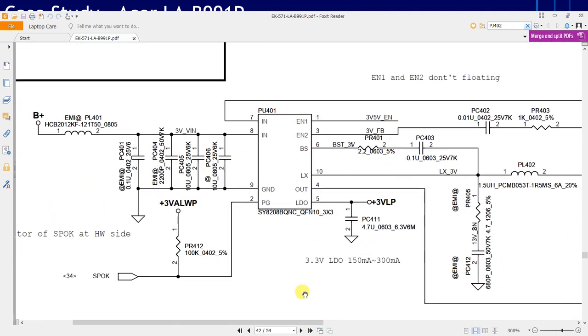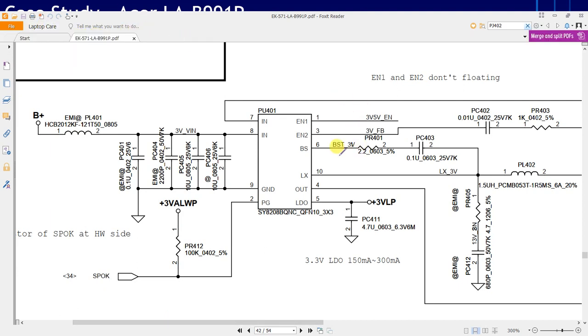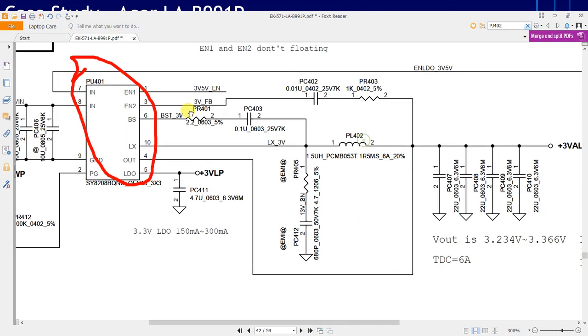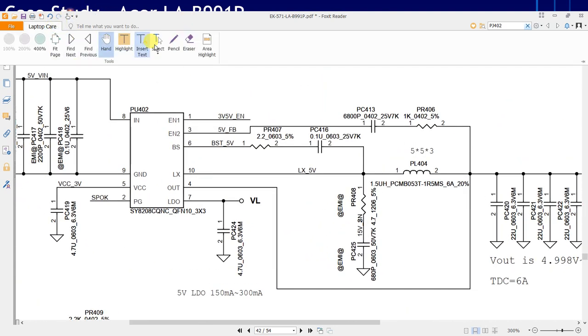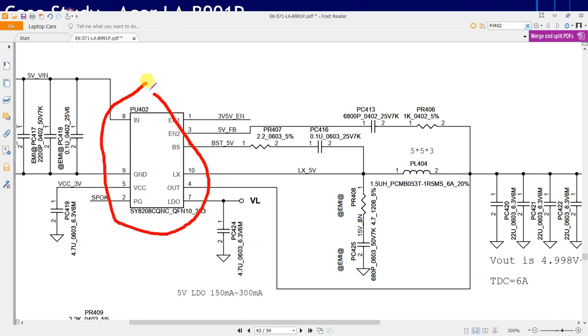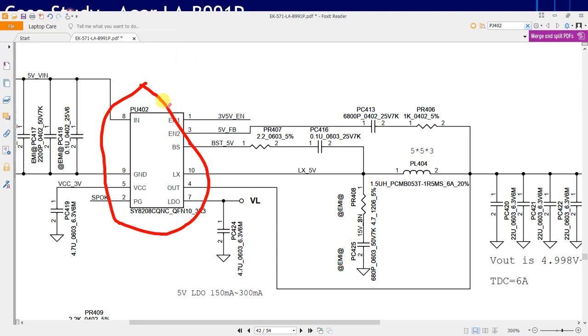PU401 is the 5 volt always chip, and 3 volt always chip, and this PU402 is for 5 volt always. Both are separate ICs or chips for generating 3 volt and 5 volt voltages over here.